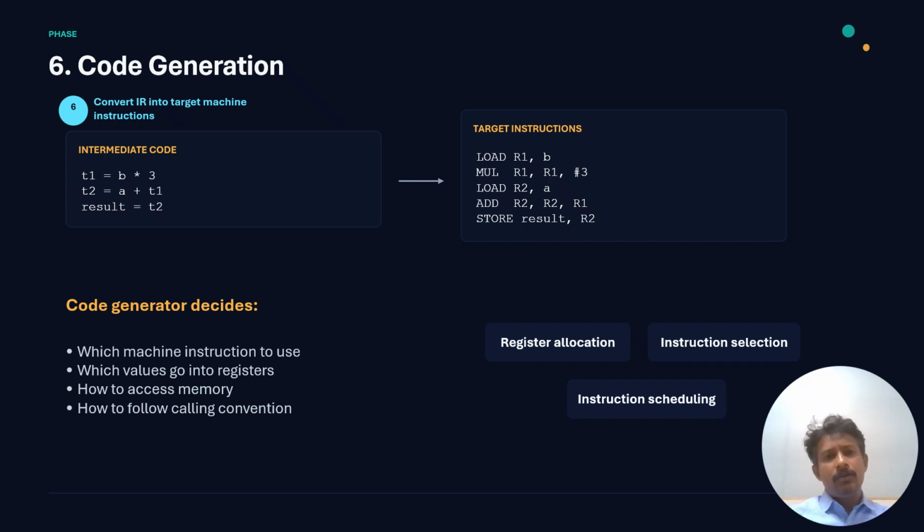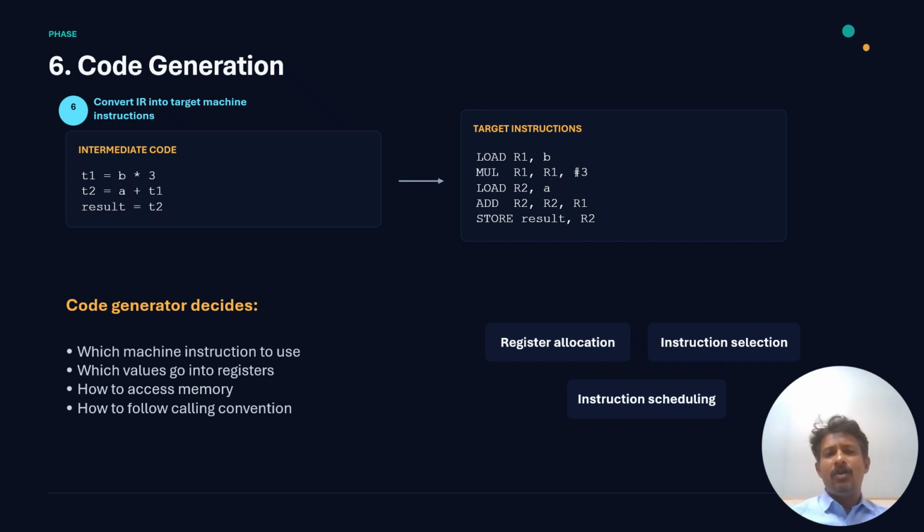The sixth phase is called code generation. This is the final major phase of the compiler. In this phase, the optimized intermediate code is converted into target code. The target code may be assembly code, machine code, or bytecode. It depends on the programming language and the system.